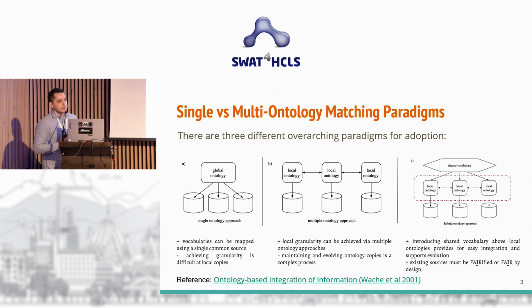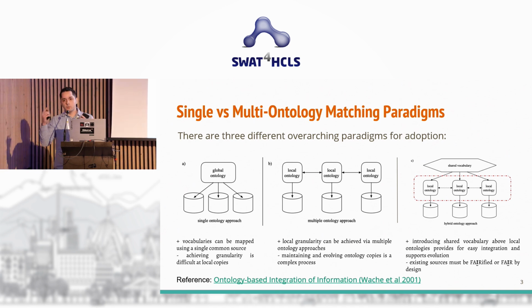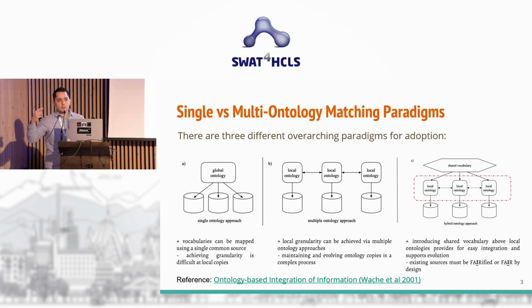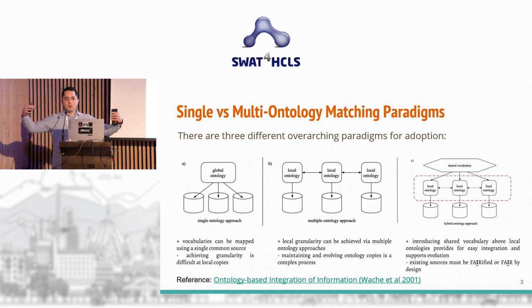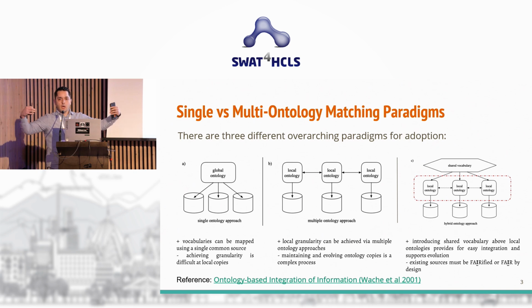In the second paradigm, you can do pairwise, and your local granularity will be preserved, but this quickly can get complicated, and if these ontologies are being developed and evolve independently, that becomes challenging.